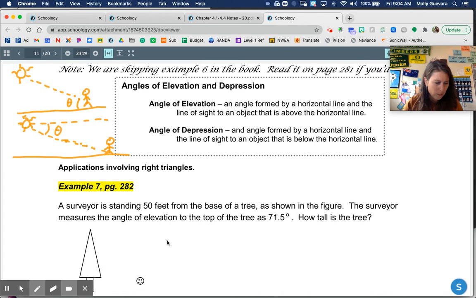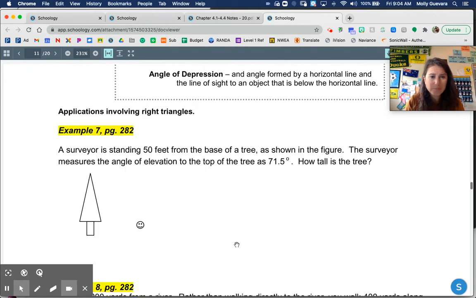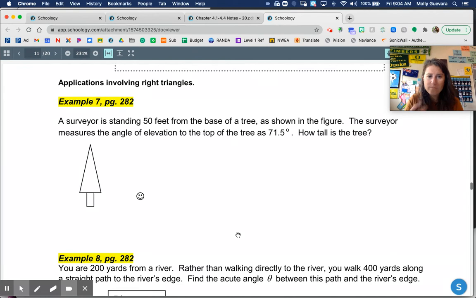So we're going to do 3 examples here of application problems involving right triangle trig. So SOHCAHTOA stuff. It'll be awesome. All right, so example 7 says, a surveyor standing 50 feet from the base of a tree. I don't like that he doesn't have a body, so let's give him a body.